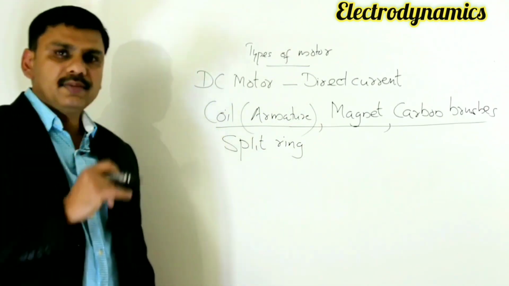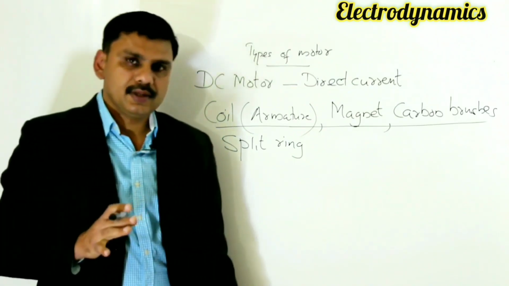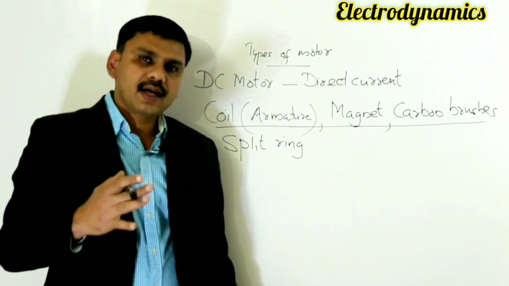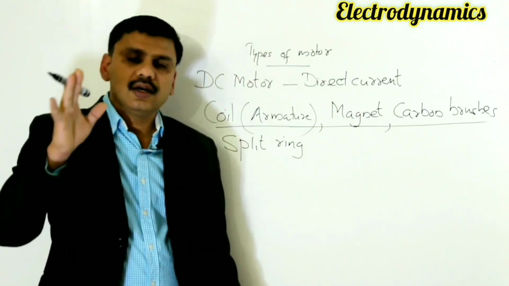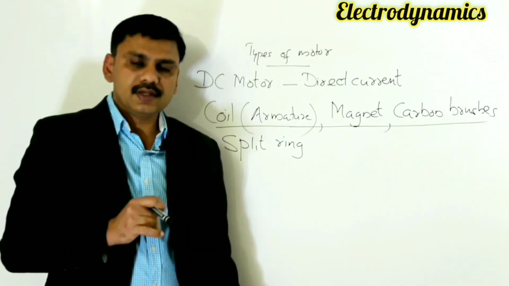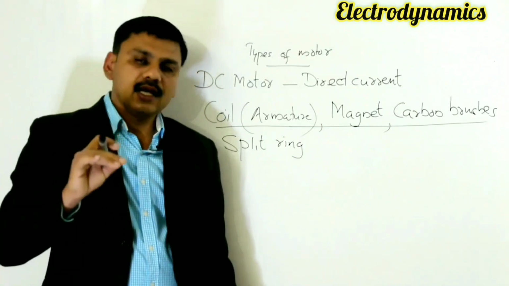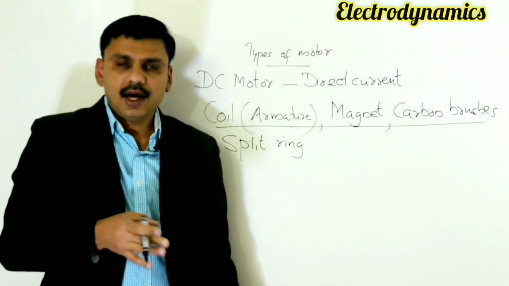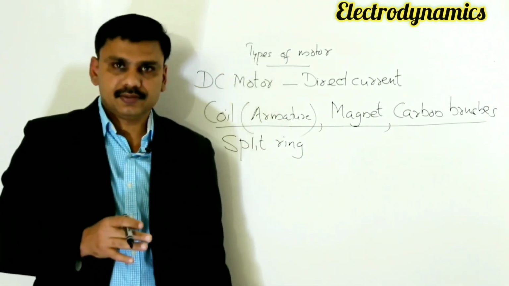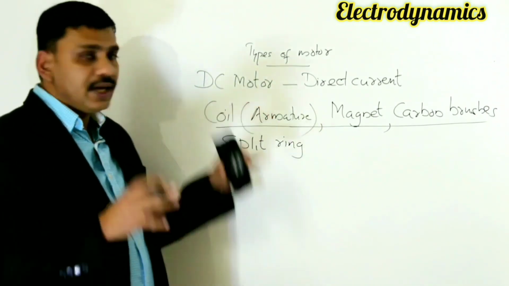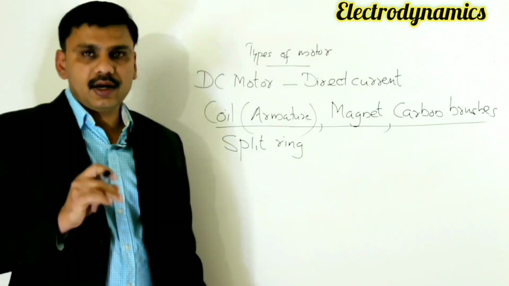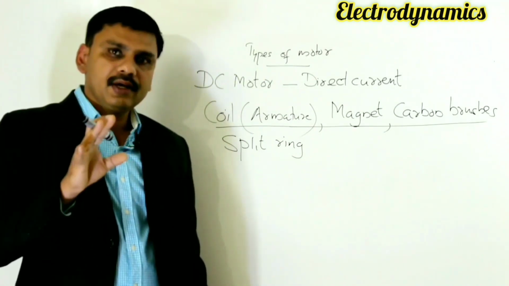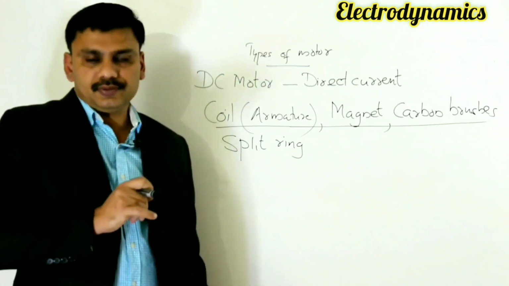In some question papers, they are giving a diagram of an AC generator or a motor, and you have to identify it. So if you have a diagram, how can you identify a motor?